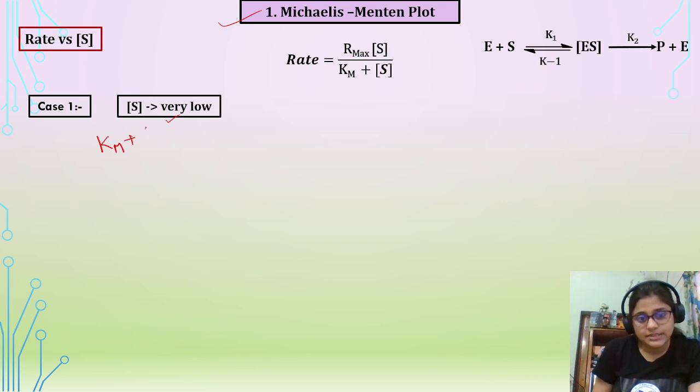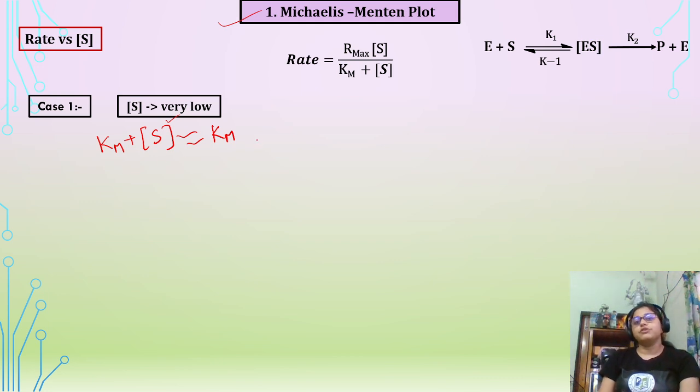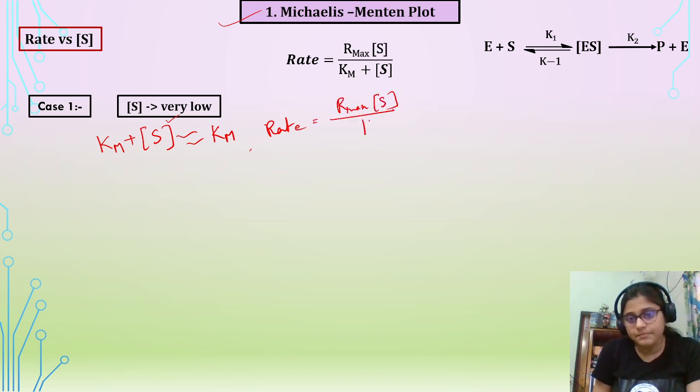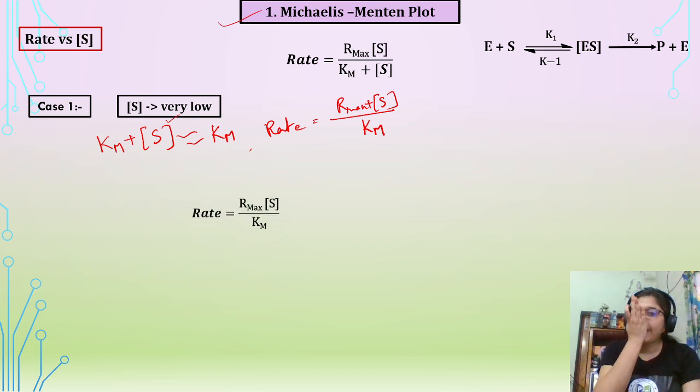in Km plus S, as S is very low, we can neglect it and we can write Km plus S equal to Km only. Now how will the rate be affected? If we put the value here, rate will be equal to R max into S by Km. Okay, this will be the rate equation for this case when S is very low.